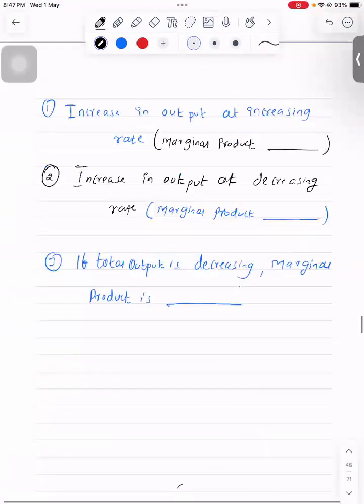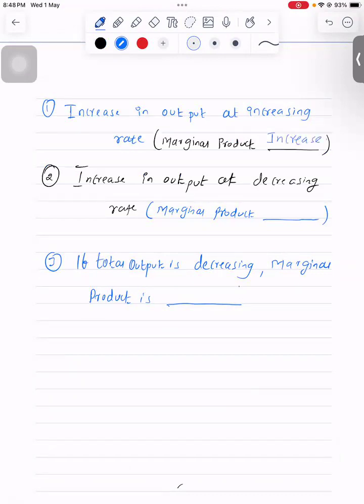Okay, so now try to fill this. This is the summary now. Increase in output at increasing rate: so what will happen with the marginal product? Marginal product will increase or it will decrease. If output is increasing at increasing rate, marginal product will increase.